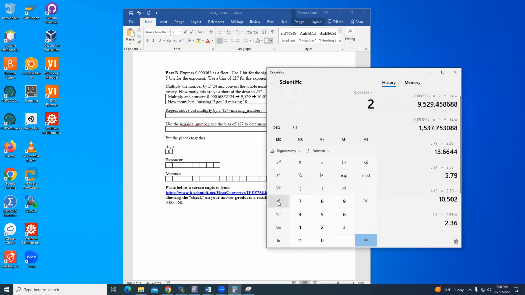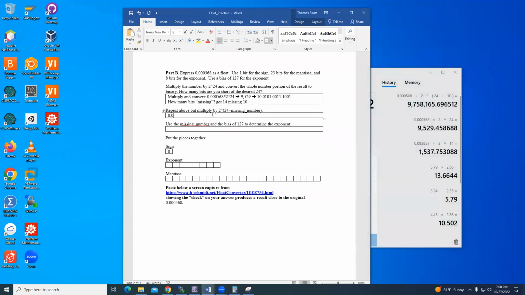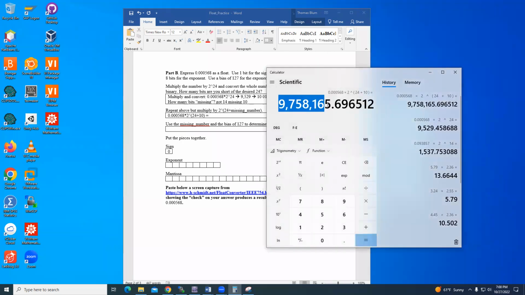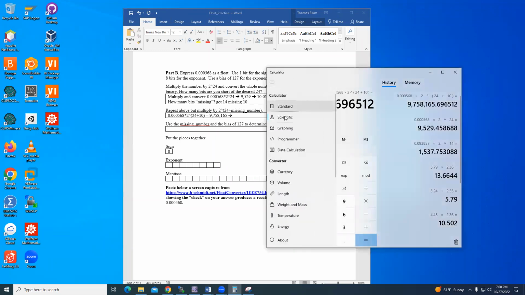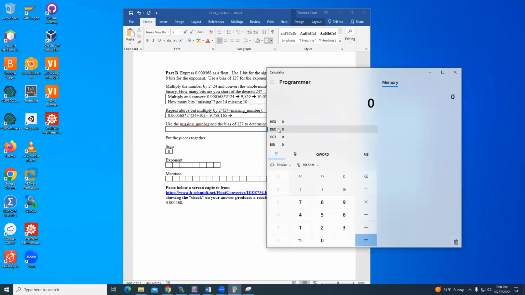So 0.000568 times 2 raised to the, and I can use the parentheses and say 24 plus my 10. And now I get this number. And that's what I want to put in programmer mode in decimal and get my binary.